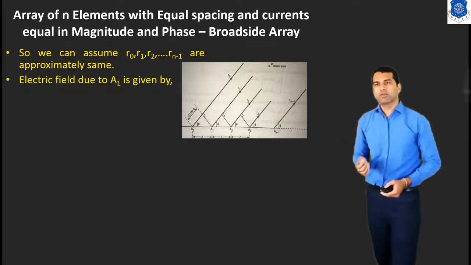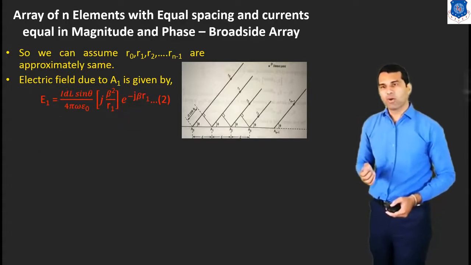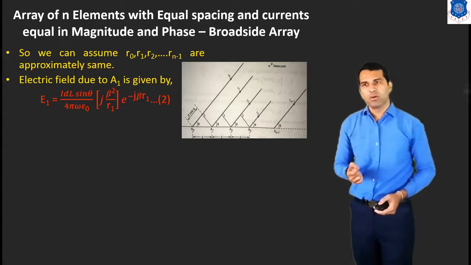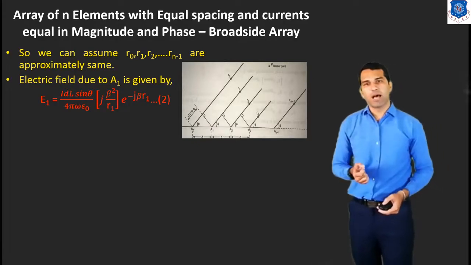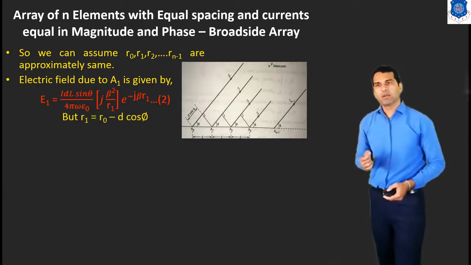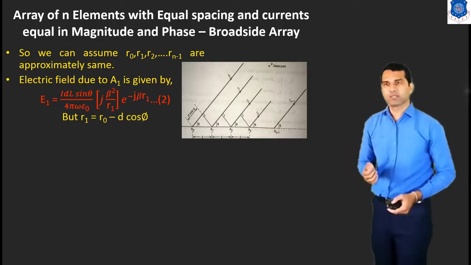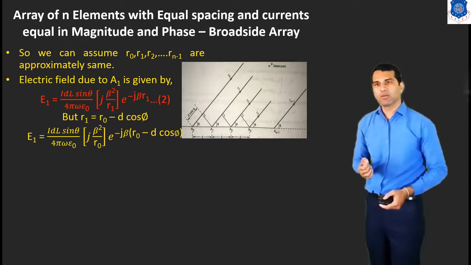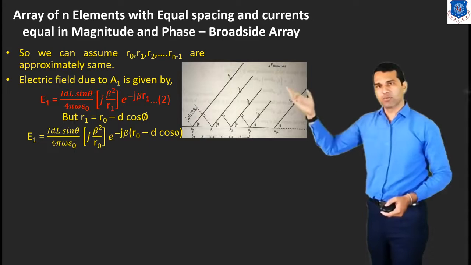So the electric field due to A1 is given by E1 = (I dl sin theta / 4 pi omega epsilon 0) j beta squared / r1 e raised to minus j beta r1. But r1 is nothing but r0 minus d cos phi due to the phase difference. So we write r1 as r0 minus d cos phi in this equation number 2.